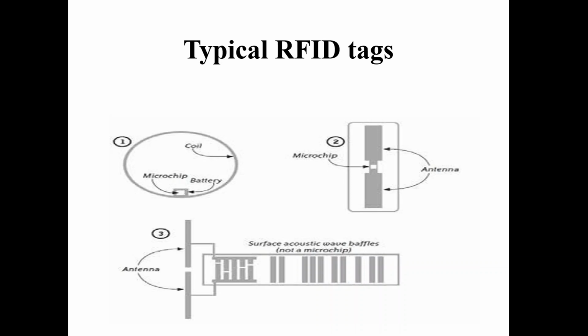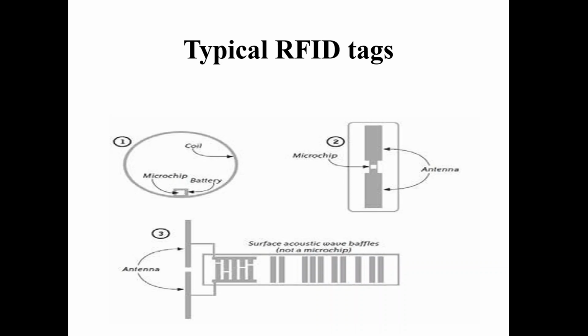Active tags are heavier, with a battery to power transmission, which means they cover longer ranges. They are commonly used in vehicle tracking, toll collection, and asset monitoring. Semi-passive tags are battery powered for internal circuits, but communication relies on the reader's signal. They have better sensitivity and longer range than passive, but are cheaper than active.